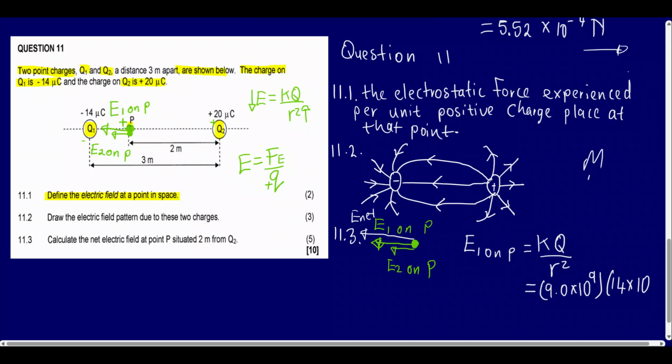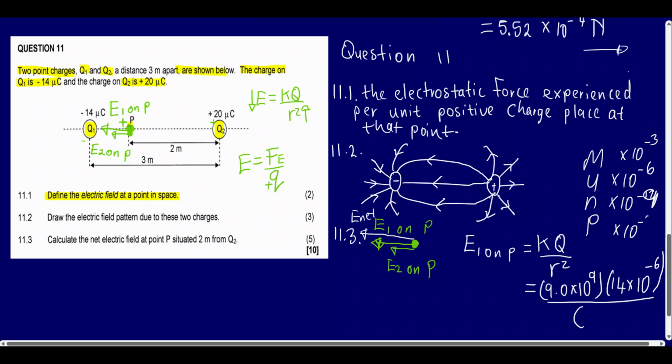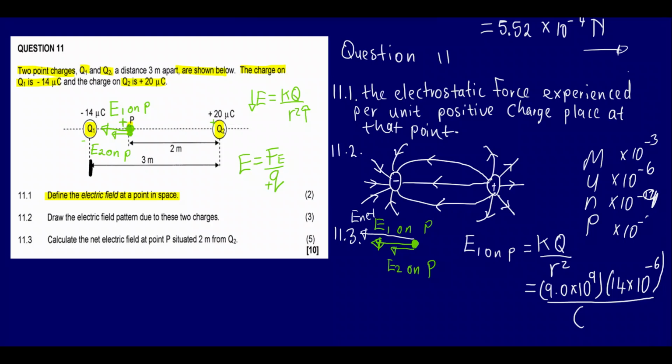And remember, we don't substitute the sign of the charge here. The microcoulomb has 10 to the power of negative 6 in it, so we use 14 times 10 to the power of negative 6, all over the distance. What is the distance between that charge and that point?